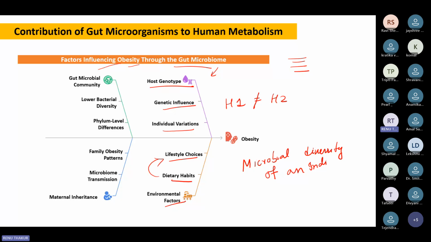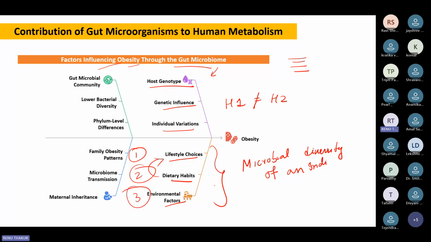No, there is a long story. So there are so many factors, like the genetic factor will also play a role, and obesity, obviously if you are an obese individual, the gut microbiome composition will be something different. And these are the major factors: the lifestyle choices, the dietary habits, and the environmental factors.